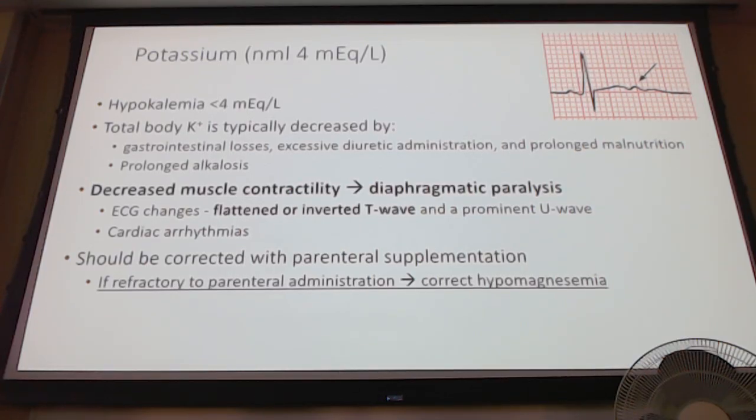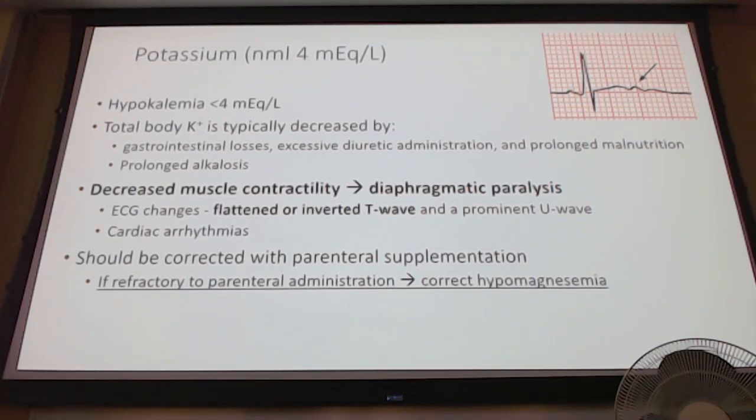If their potassium's a 3, we want to watch their belly stuff. Intestinal peristalsis really wants potassium and magnesium to be really normal for really good peristalsis. So if we have a post-op patient who's on the verge of an ileus, which we'll talk about, basically it's like a shock to the intestines since we touched them.